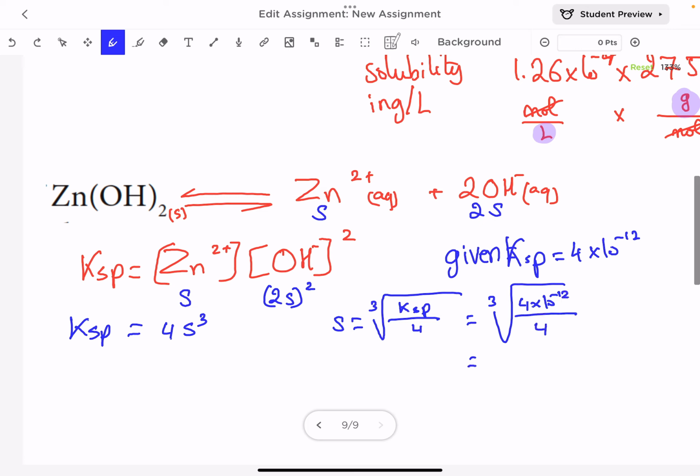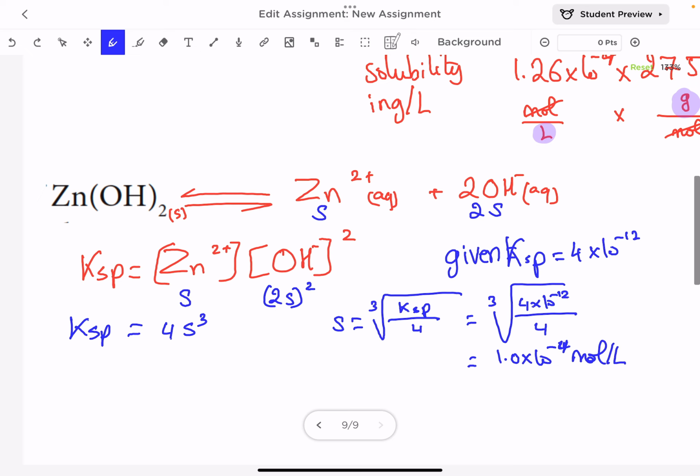And finally, the cubic root gives the answer 1.0 times 10 to the power negative 4 mole per liter.